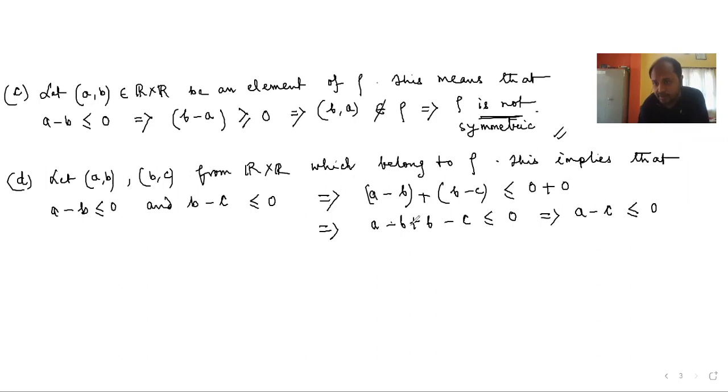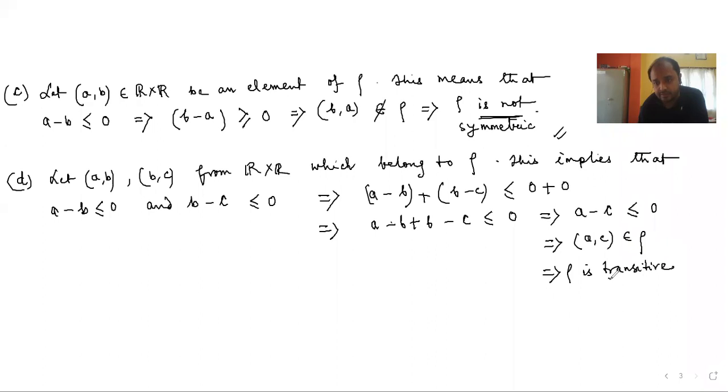And therefore, the ordered pair (A, C) belongs to rho. So whenever (A, B) and (B, C) belong to rho, then (A, C) belongs to rho. This gives us that rho is transitive.